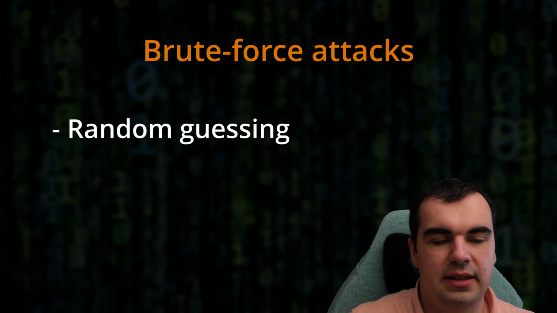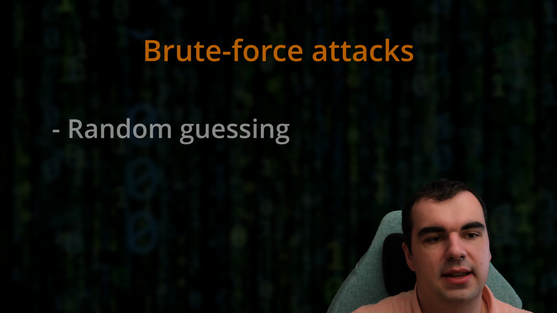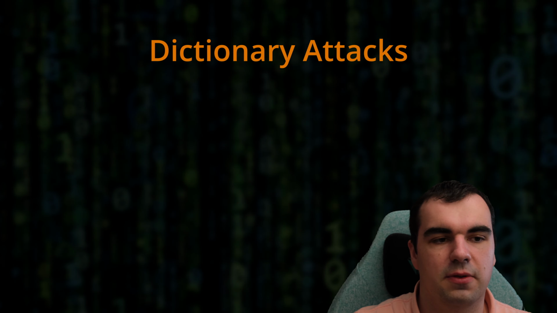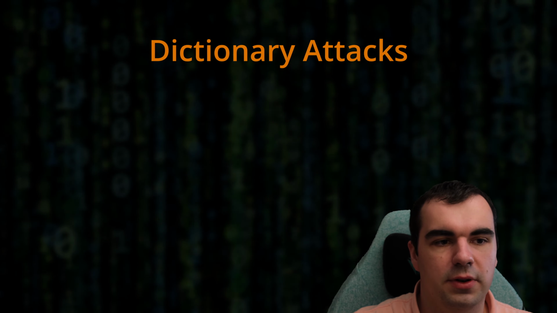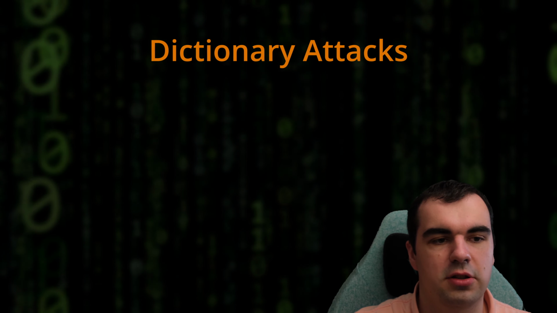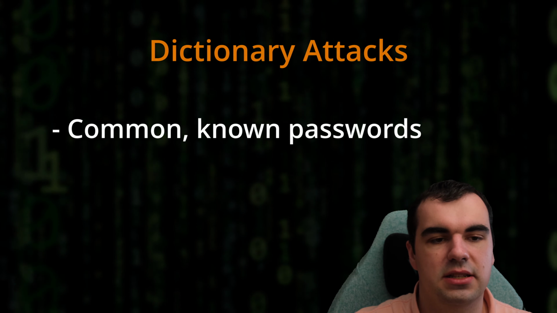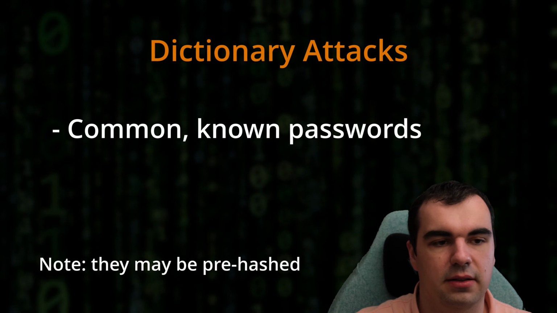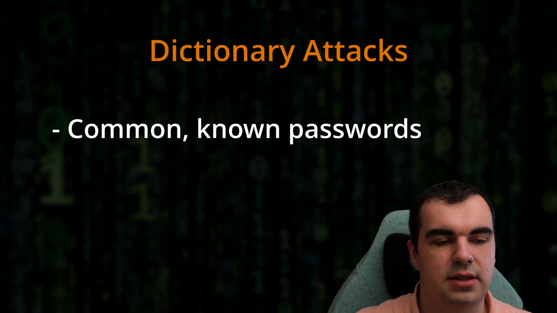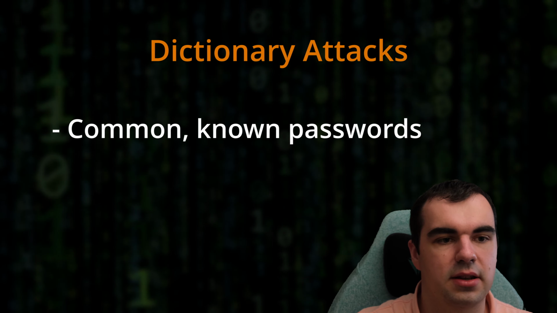Another thing they might try, and slightly more sophisticated, is a dictionary attack. It's still a brute force attack, but it's where the attacker takes a large list of passwords that are known to be commonly used and hashes them and compares them with the hashes they have stolen. If there are any matches, then the hacker knows the password and can log into that account, or in many cases multiple accounts because people aren't very good with security.